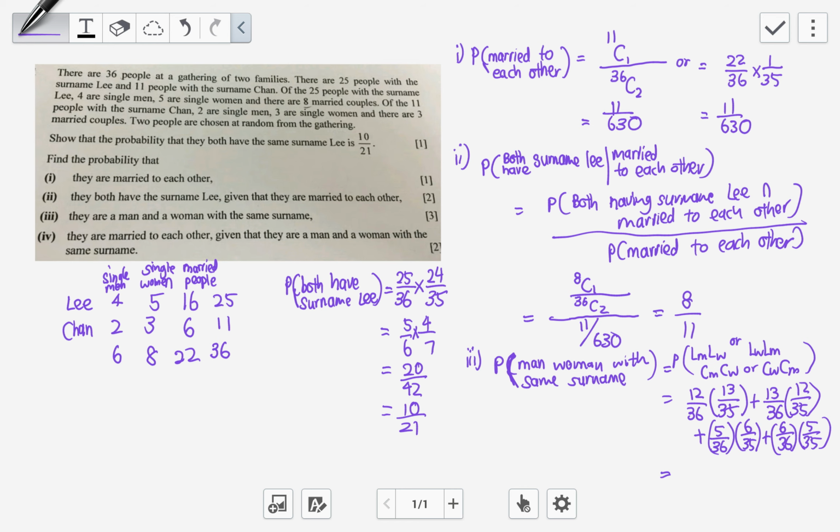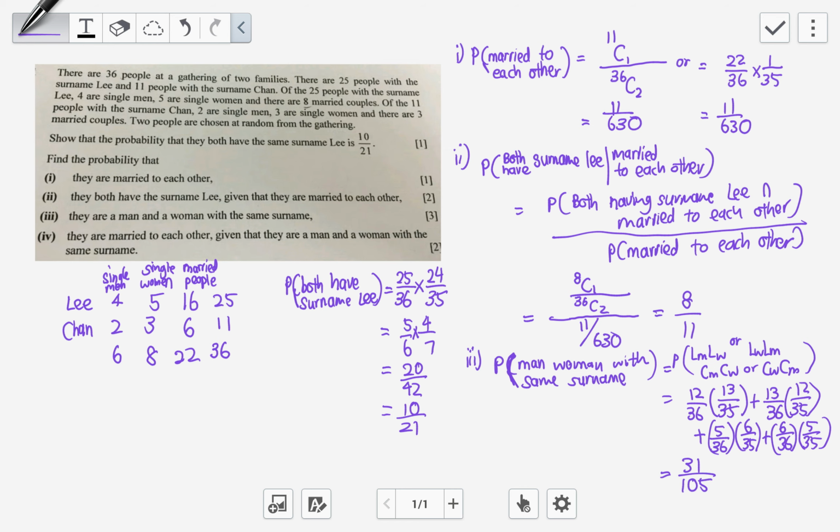We add them all up and see the answer. That will be 31 out of 105.